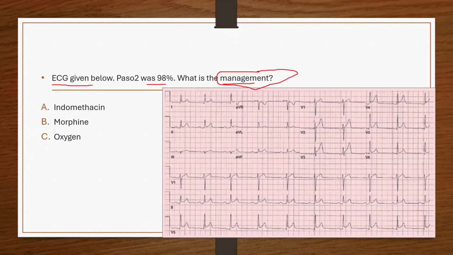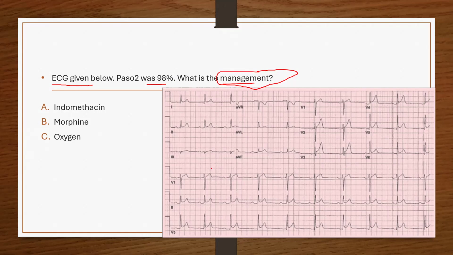This is how I approach an ECG. You can have your own personalized methods. By the rate, you figure out whether it's a bradycardia, tachycardia, or a normal value. Then check for the rhythm.